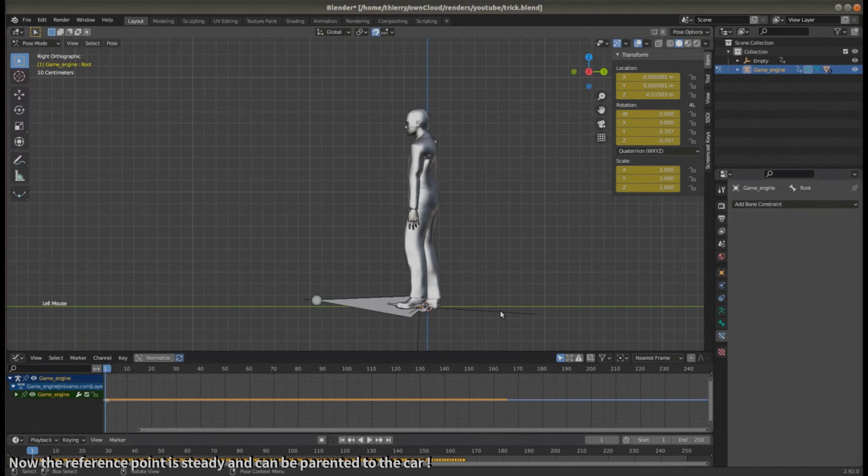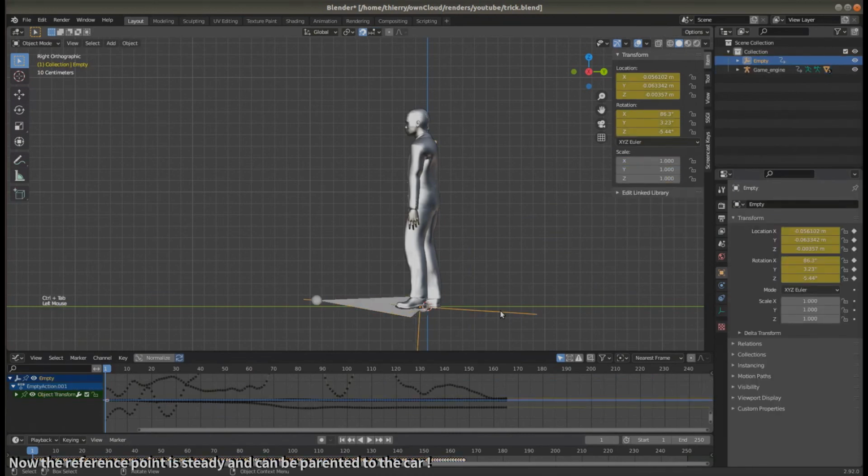Now the reference point is steady and can be parented to the car.